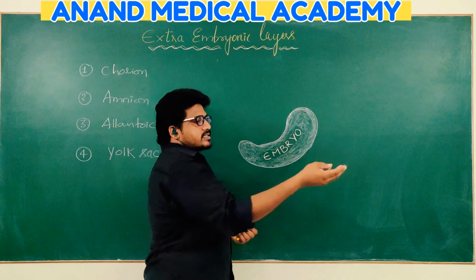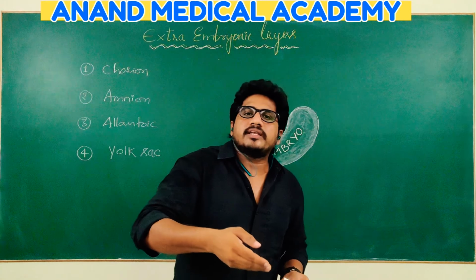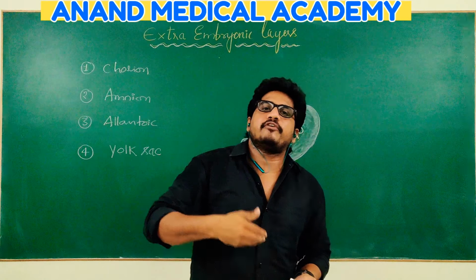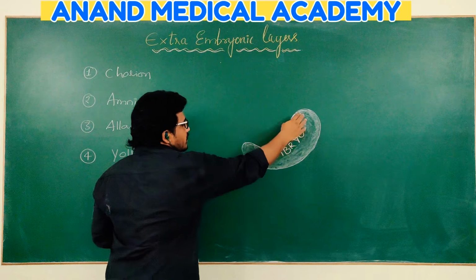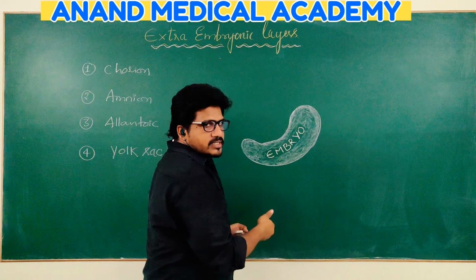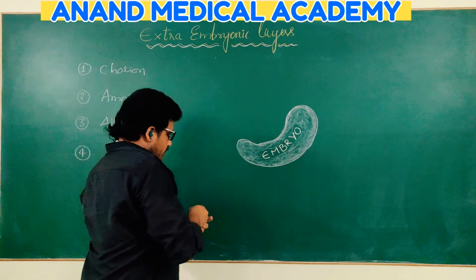So the three germinal layers, ectoderm, endoderm, and mesoderm, are all in the process of cell division and formation of tissues, organs, and future organ systems, and this is the result of embryogenesis. An embryo is formed.